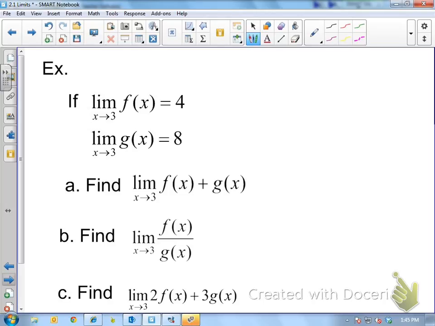So they would give you this setup information. They would say, we know that the limit of f of x is 4 and the limit of g of x is 8. What do those two things have in common, though? And it's very important they have this thing in common.